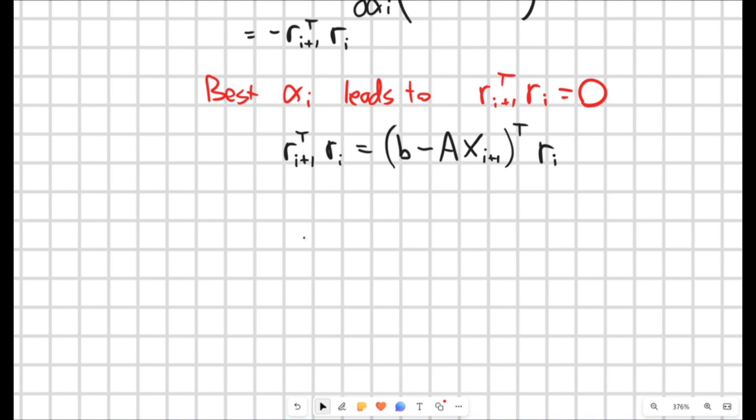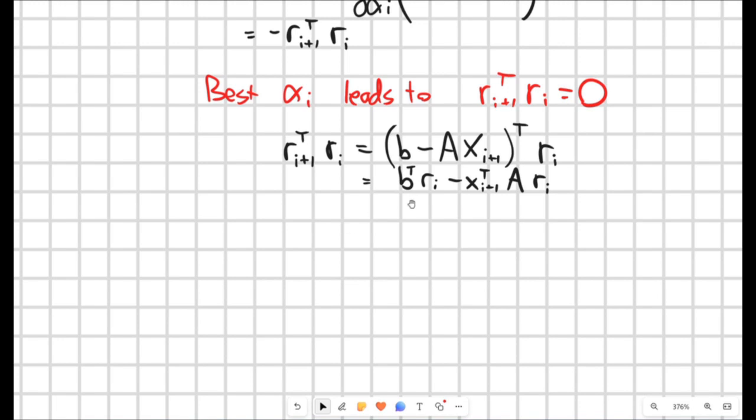I'm just going to expand that out, so that's going to be equal to B transposed Ri minus x(i+1) transposed. A is symmetric, so A transposed is equal to A, multiplied by Ri.